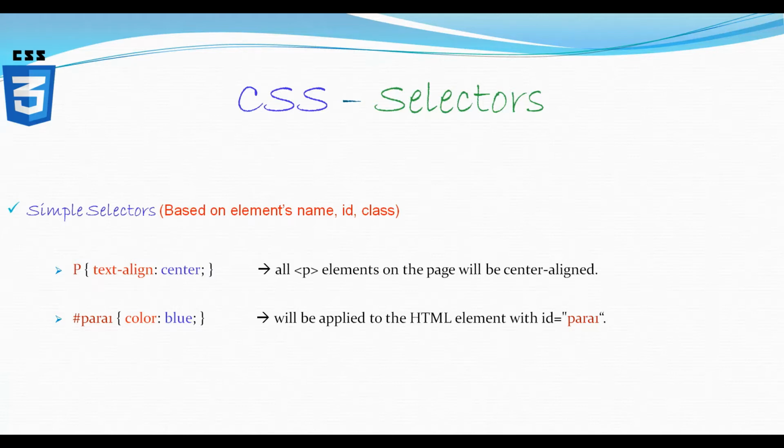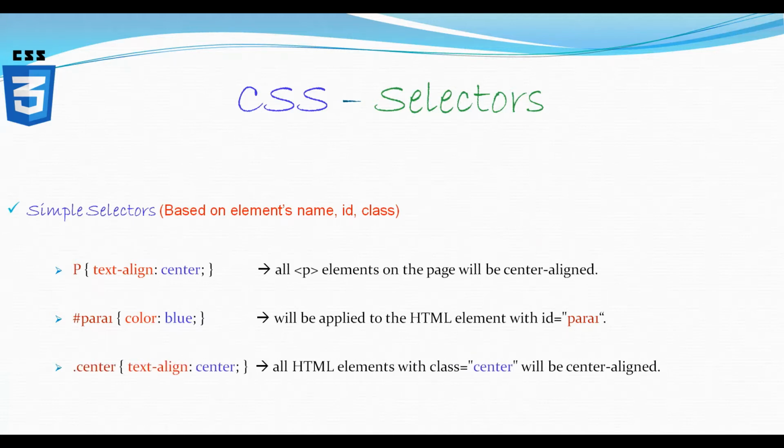So that's the way that you would select your paragraph using ID. And the last item would be class, and the way you declare your class selector would be you put a dot and then the name of the class. So that's very important to keep in mind. So therefore all of your elements with the class center would be center aligned, or whatever the declaration specifies.